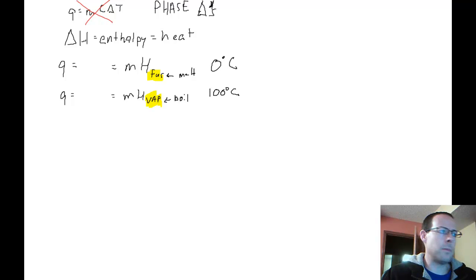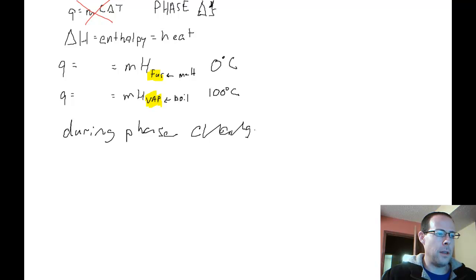The other thing you might put in your notes, this is important, during phase change, which is what our notes are about, temp does not change. Alright, so again, during phase changes, our temperature does not change.